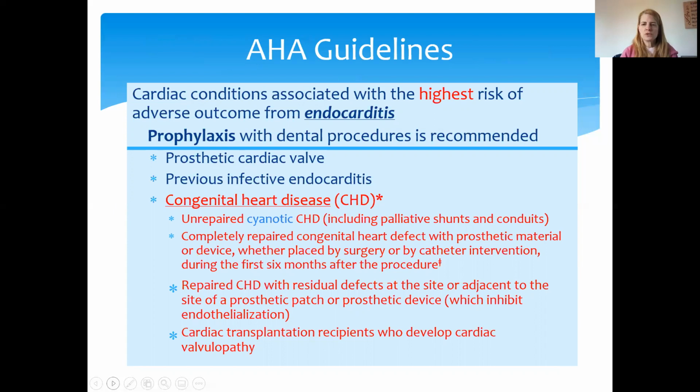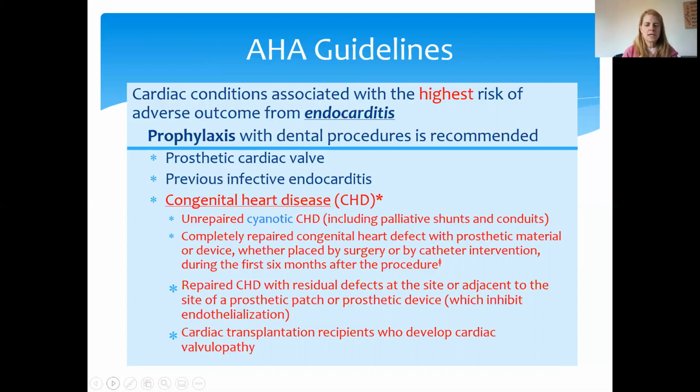The American Heart Association guidelines show that the cardiac conditions that are associated with the highest risk of adverse outcome from bacterial endocarditis should have antibiotic prophylaxis, or premedication. So if a patient has prosthetic cardiac valves, if they have a history of previous infective endocarditis, and if they have certain congenital heart disease defects, so unrepaired shunts or conduits, or completely repaired congenital heart defects that have prosthetic material.